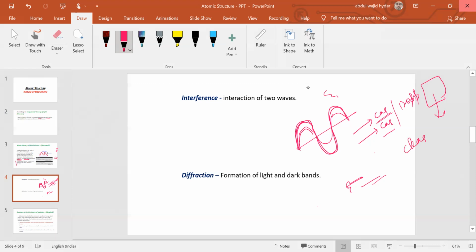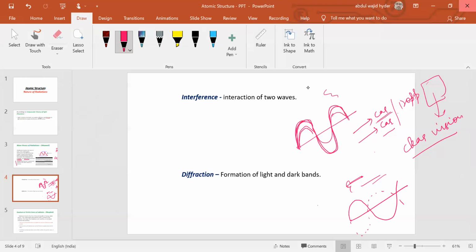Very clear vision will be observed. Here everything will be very clean. And suppose one wave is moving in this direction and the second wave is moving in the opposite direction. One car is moving in this direction and another car is moving in the opposite direction. Then this will appear blurred. You won't be able to observe it clearly.